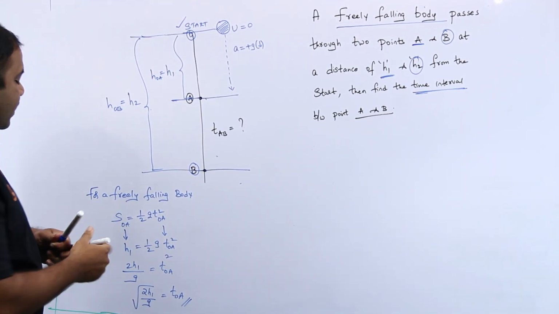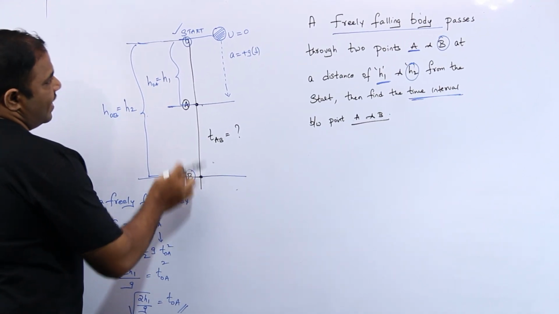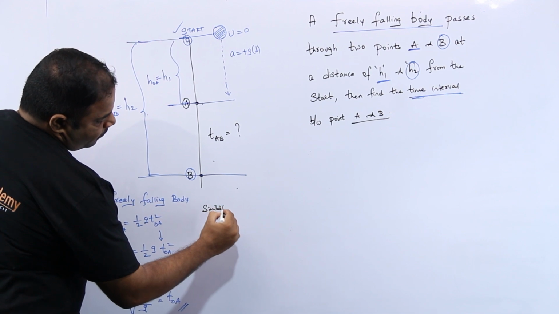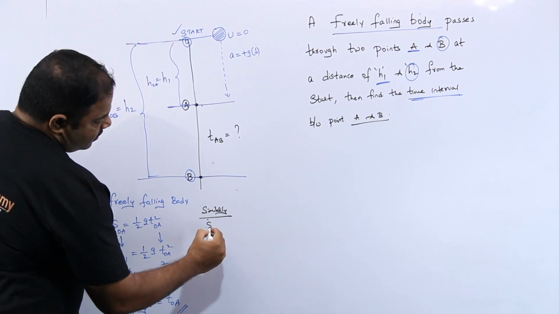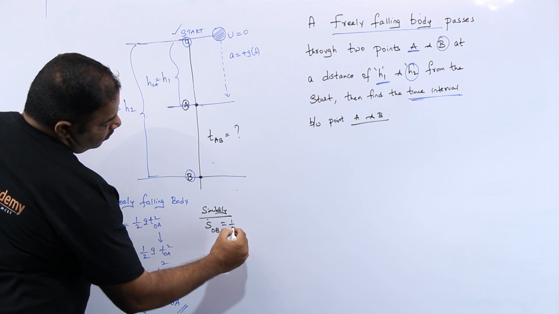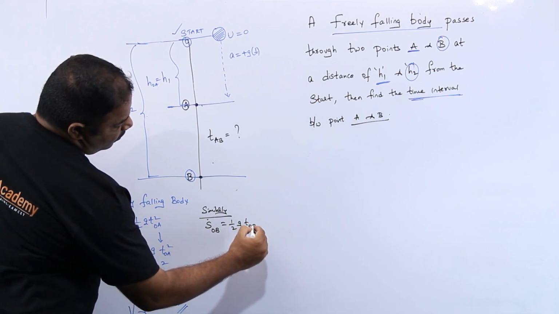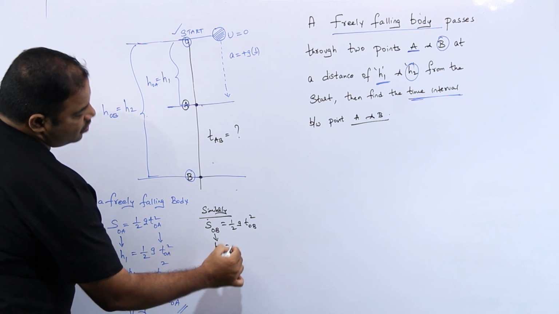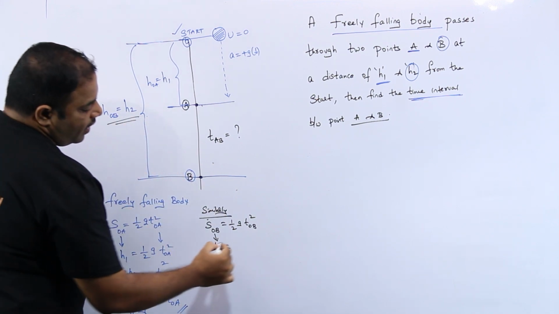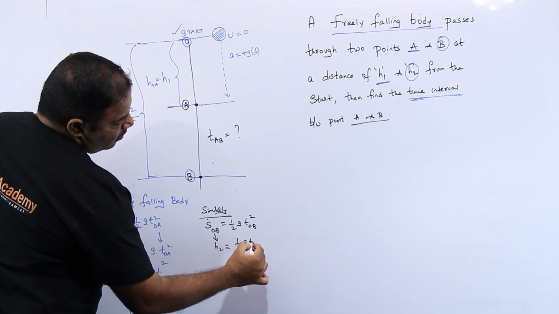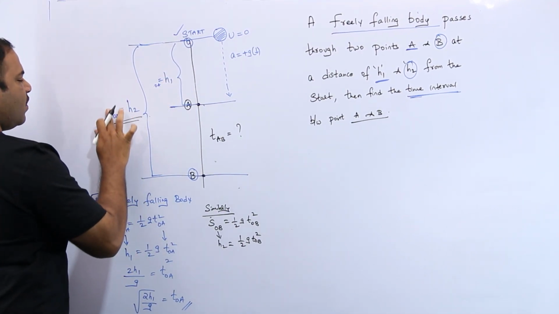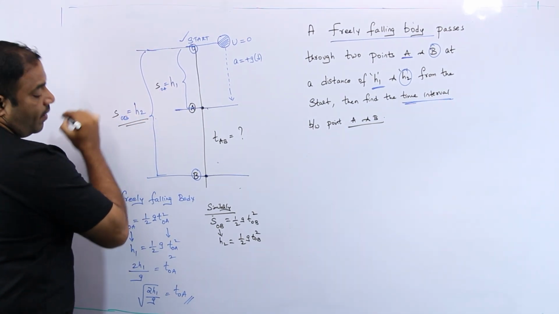Okay, my dear children. The same thing happens for the next case, that is O to B. So similarly, the distance from O to B is equal to half g times the time from O to B whole square. Again, this distance from O to B is taken as H2 as per the diagram. That is half g times O to B whole square. For distance you can write either H or S, it does not matter.